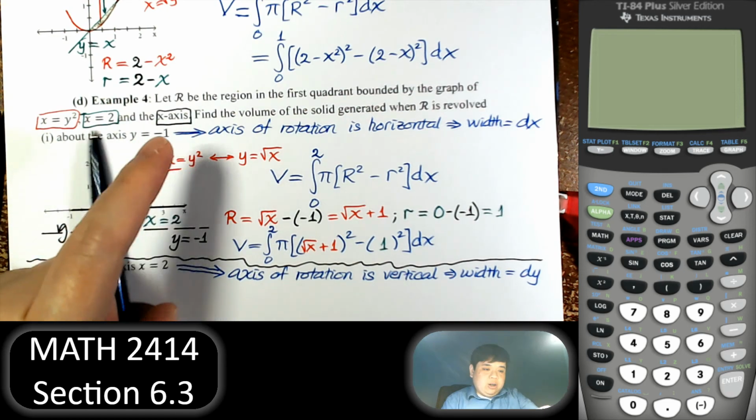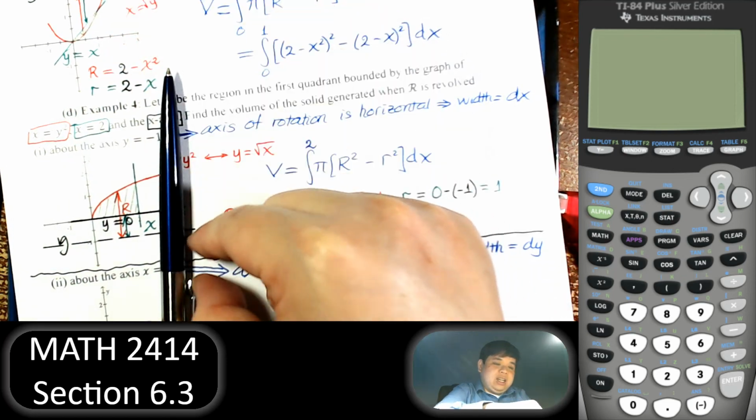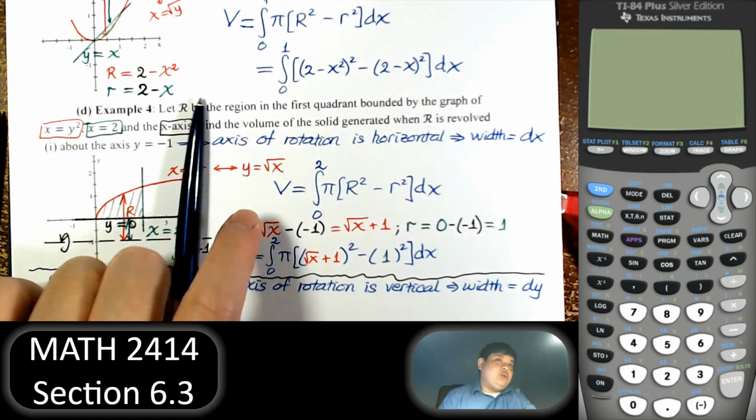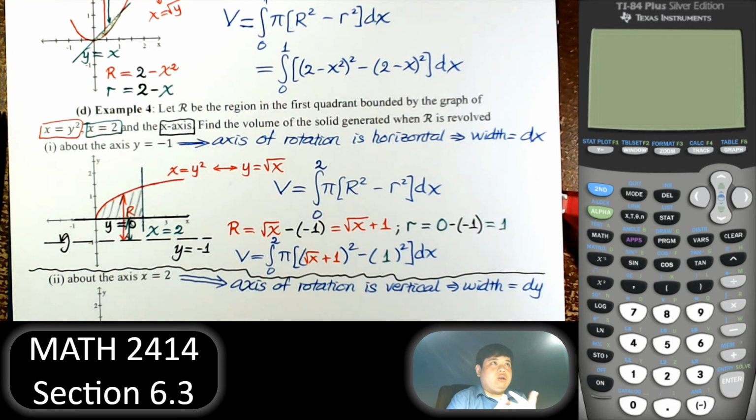So if it is vertical and this is the volume by slicing, we're going to chop that. Each one is also vertical, so it's going to be dy. So think about horizontal or vertical axis of rotation rather than x-axis, y-axis, x equal to something, y equal to something. That would be too much. Just horizontal or vertical axis of rotation.